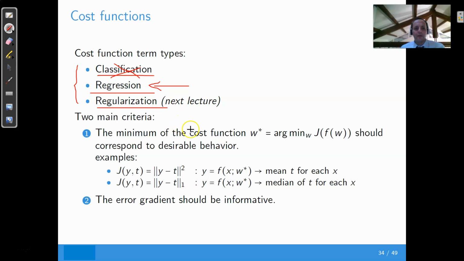So there are two main criteria when you are working with the cost function. Normally, the minimum of the cost function, which is indicated as the value of the weights which minimizes the cost function with respect to the argument of the loss function, should correspond to the desired behavior. Normally, we are considering the square of the difference between the output and the target.